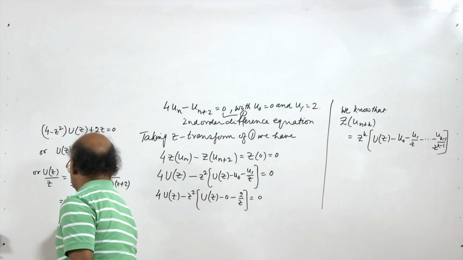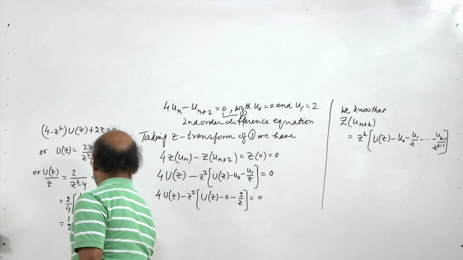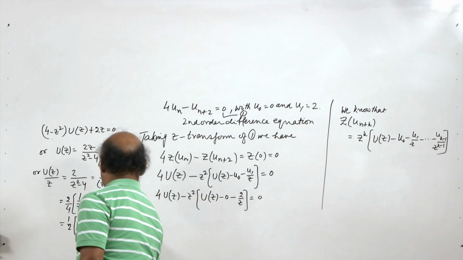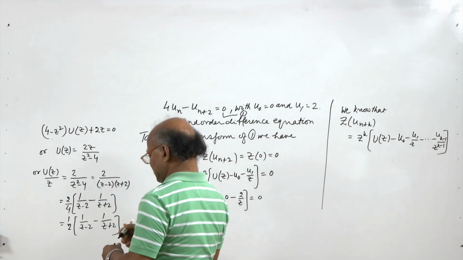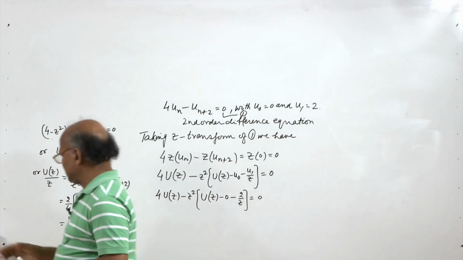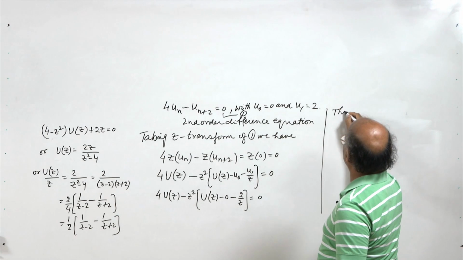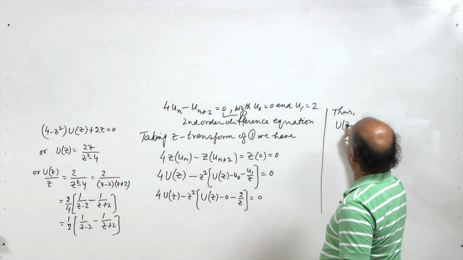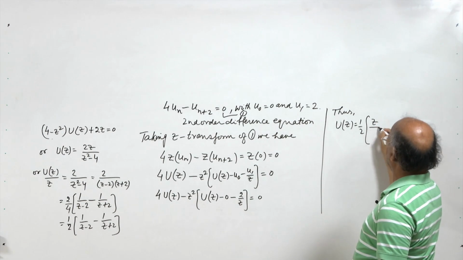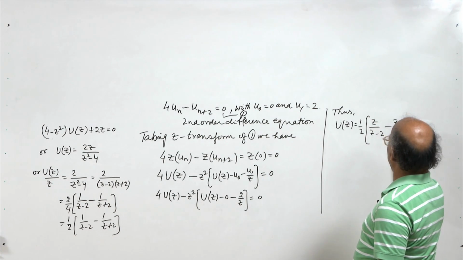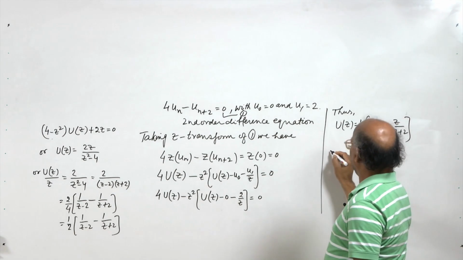So this is 1 by 2 times 1 over z minus 2 minus 1 over z plus 2. Now we can write Uz from here. Thus Uz is equal to 1 by 2 times z over z minus 2 minus z over z plus 2.